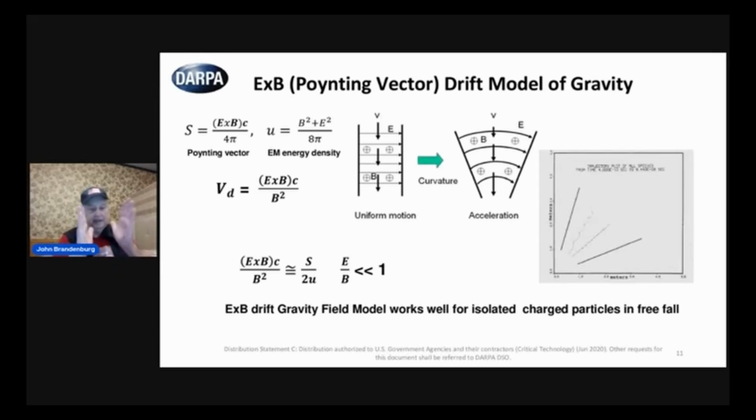If you tilt the plates relative to each other, they'll all accelerate at the same rate. You can do that with a simple computer simulation. It's in the limit where the magnetic field is much stronger than the electric field, which corresponds to non-relativistic. So this is a non-relativistic model.